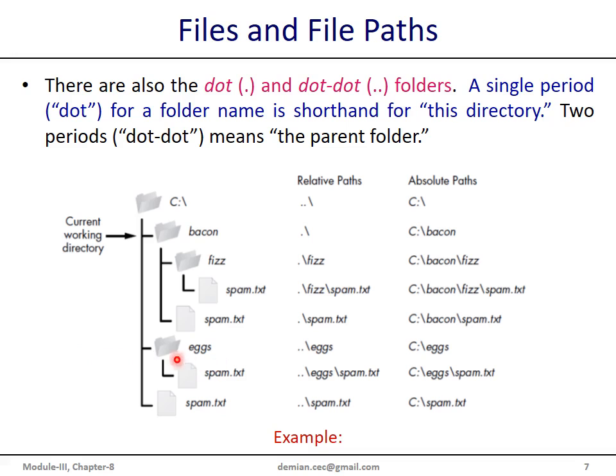And also if we have a spam.txt within folder X, this is the current directory, and this is a sibling, so we have to refer to the parent with double dot, and X is a subfolder of the parent, and then spam.txt, and this is the absolute path. This is how you can use dot and double dot shorthands for the current directory, or to refer to the parent folder.